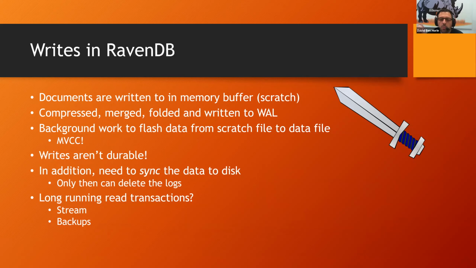Syncing is so much more expensive, so we try to delay that as much as possible. We ensure that only a limited number of concurrent syncs are going to run at any given point in time on a disk.